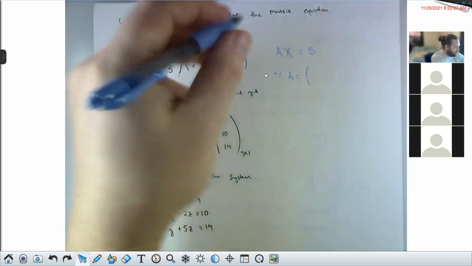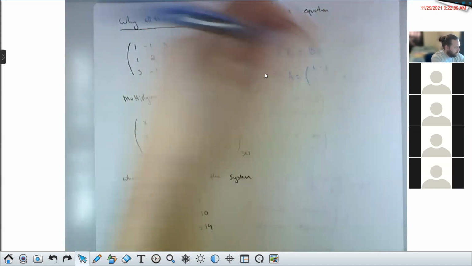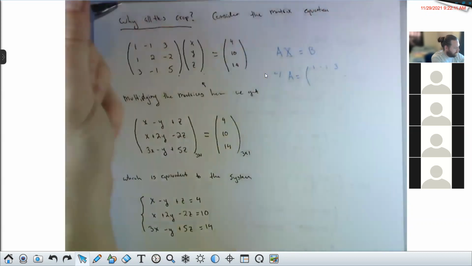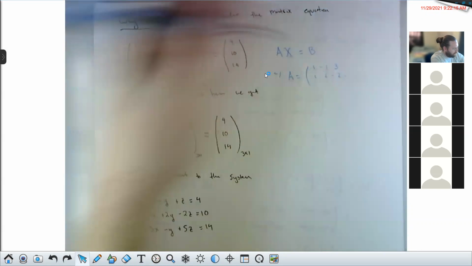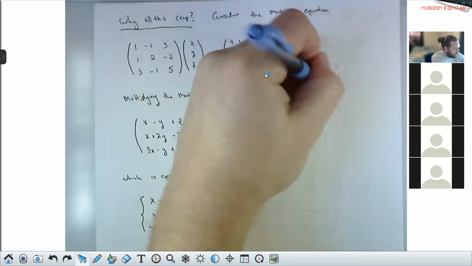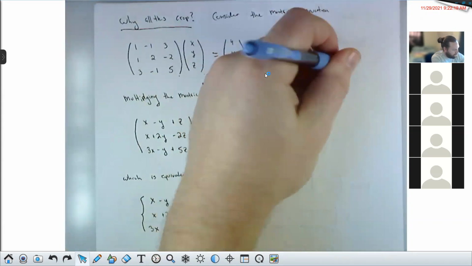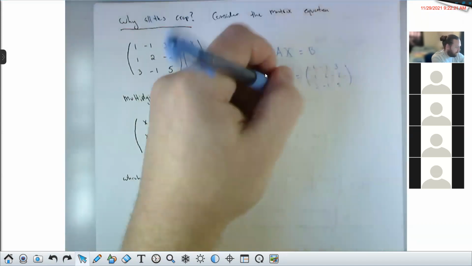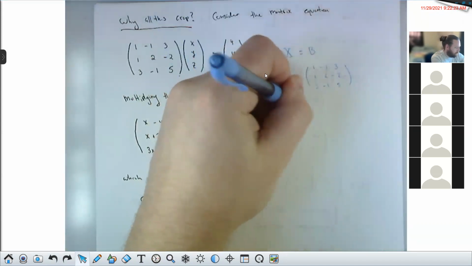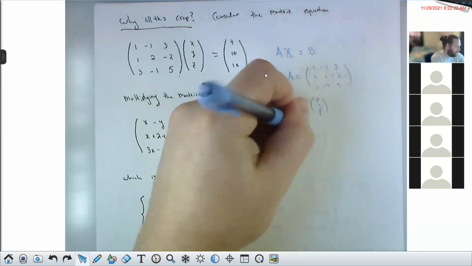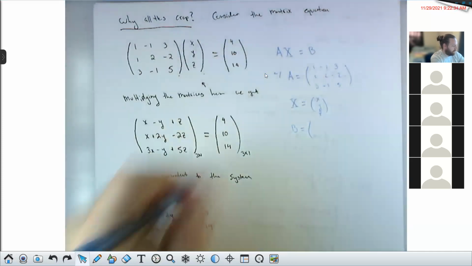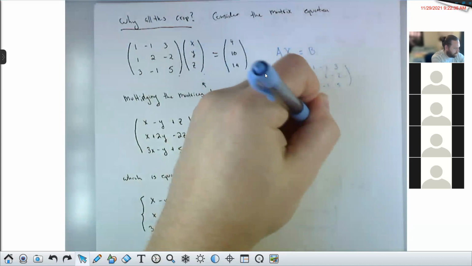Right, A would be 1, -1, 3, 1, 2, -2, 3, -1, 5. X would be the column of variables, little x, little y, little z, and B would be the column of right-hand sides, 4, 10, 14.